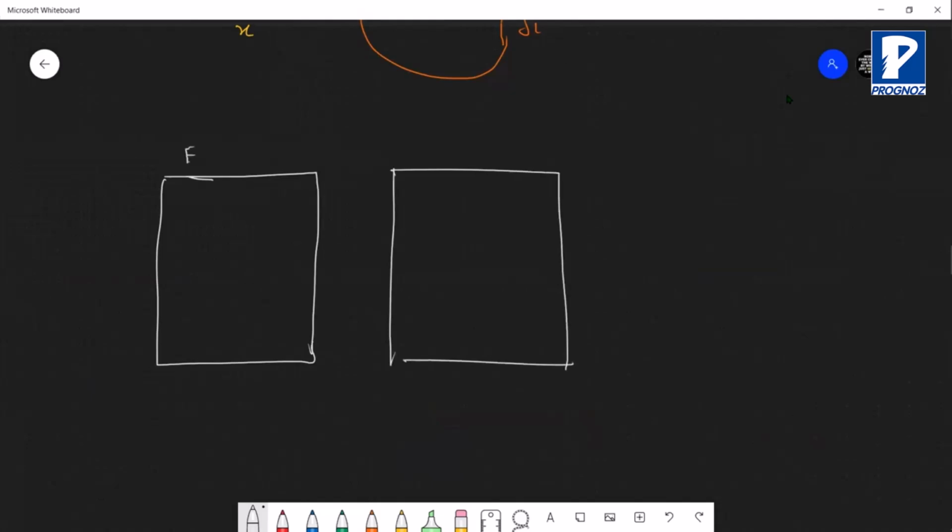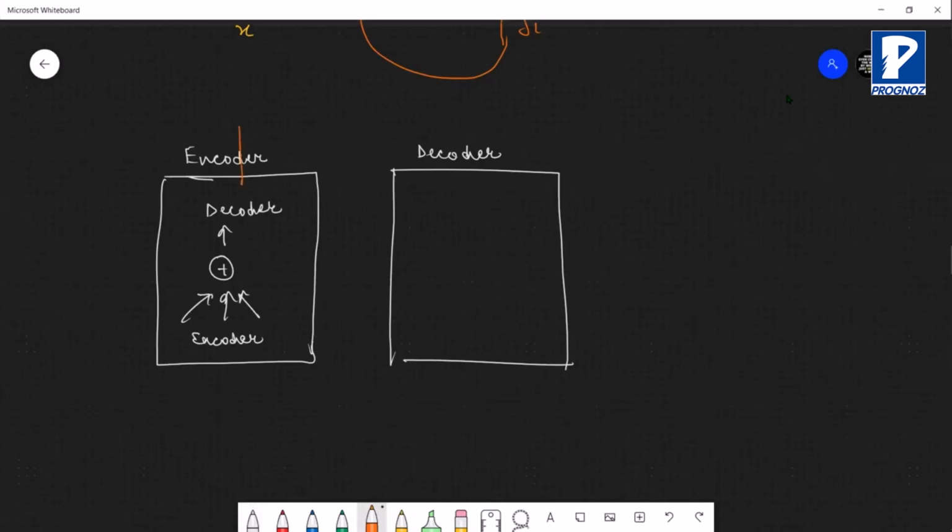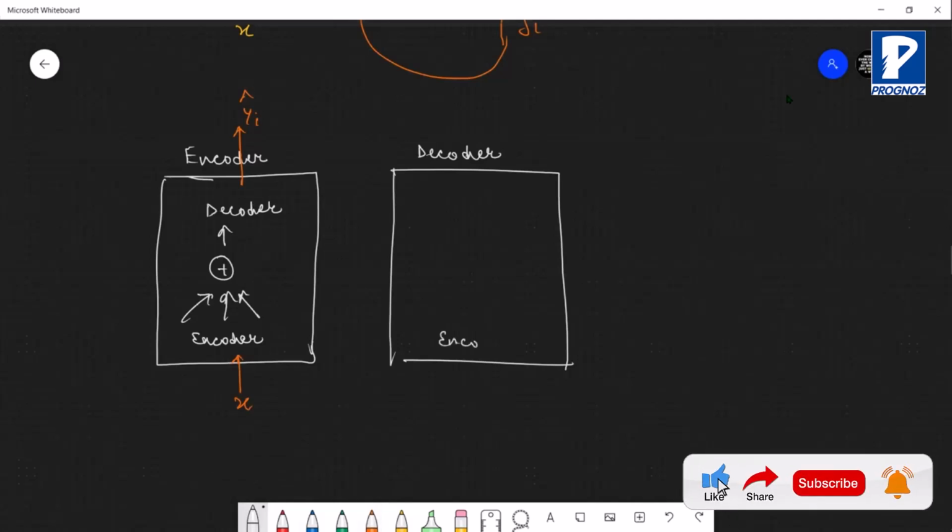Okay, this is the encoder section, this is the decoder section, right? encoder के अंदर encoder होगा, input दिया जाएगा, addition gate होगा, decoder को दिया जाएगा, and decoder से क्या निकलेगा, सिमिलरली यहाँ पे भी डिकोडर के अंदर इनकोडर होगा.